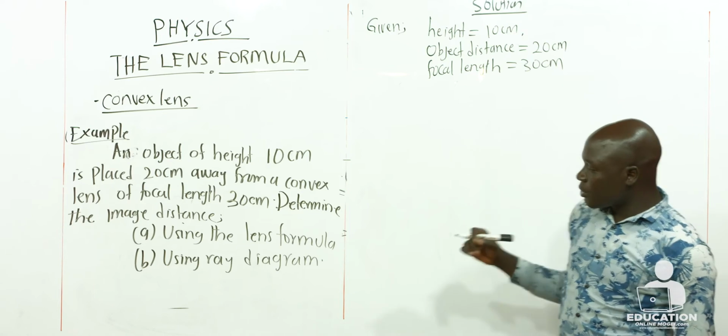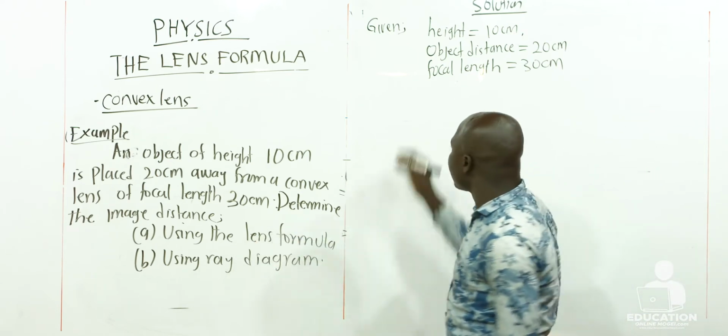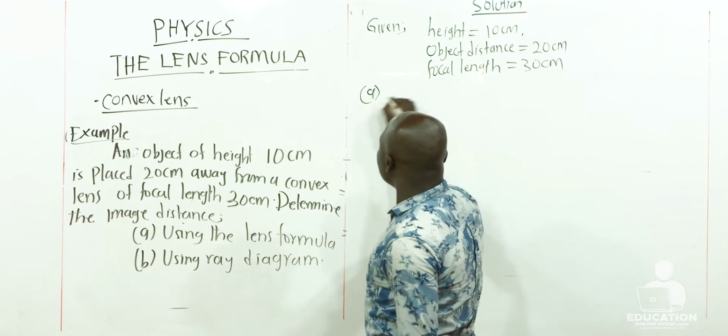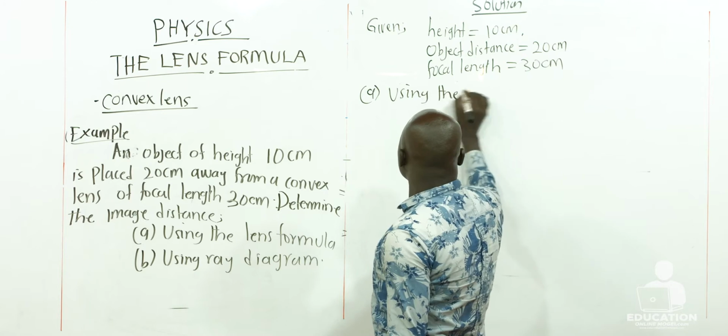So now the first question is asking us to use the lens formula, that is to get the image distance. So now A, using the lens formula.